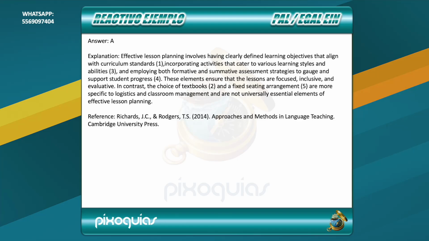These elements ensure that the lessons are focused, inclusive, and evaluated. In contrast, the choice of textbooks and fixed seating arrangement are more specific to logistics and classroom management and are not universally essential elements of effective lesson planning.